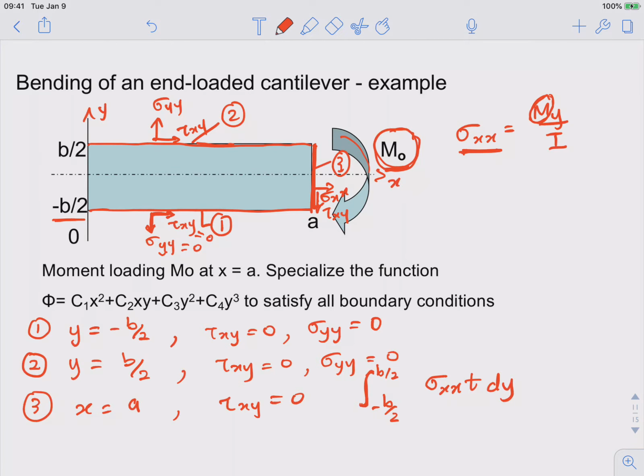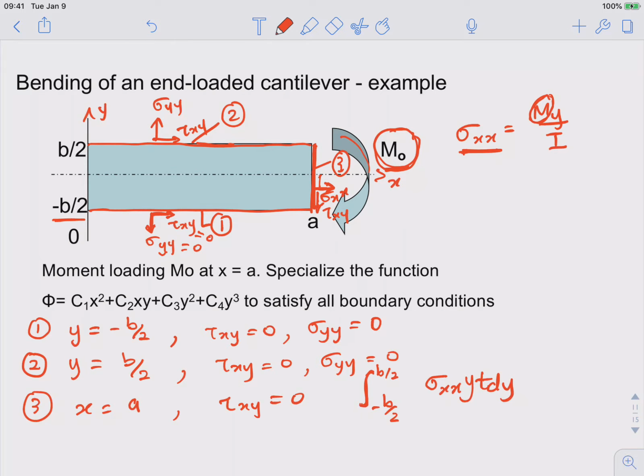I'm not done, because really my force is not what I want to equate my M naught to. I want to equate my M naught to a moment. So it's a force times a moment arm. And what is that moment arm? Well, the sigma is pointing outward this way, right? So the perpendicular distance is always going to be a y.